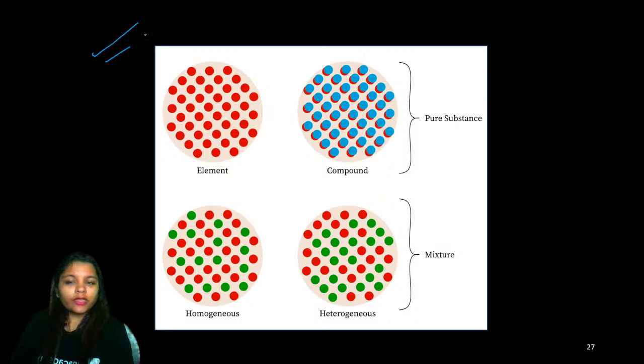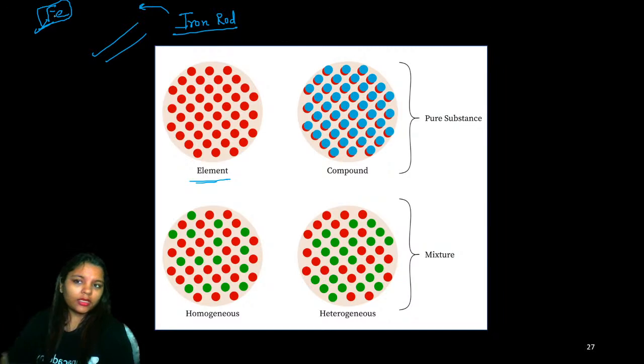See, this picture is very good because it explains everything. See, for elements, you can consider the iron block or iron rod, in which only the iron element is present. Nothing is extra, no other element is present.